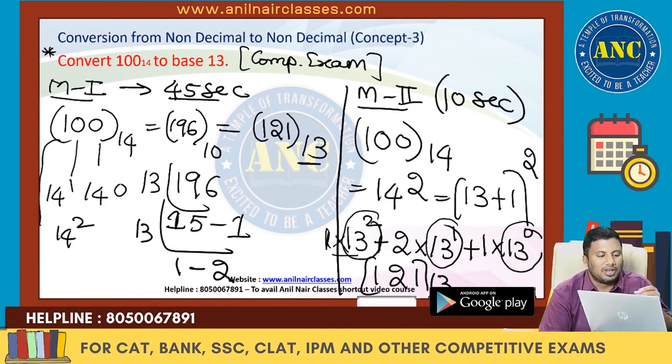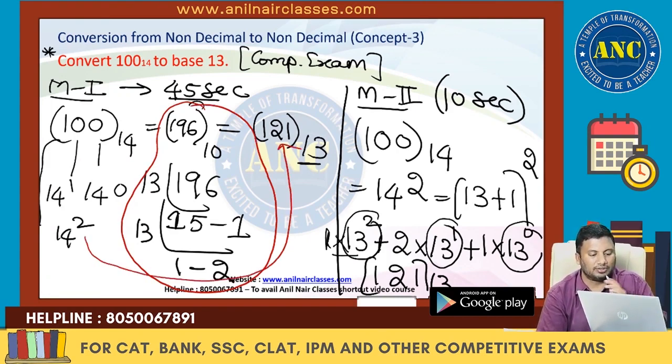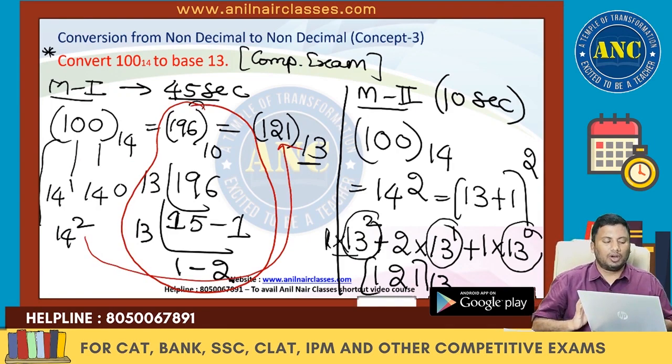You don't need to find out this entire step; it directly translates to this value. Are you all with me? That's how you save a lot of time by understanding the root cause behind the problem. Method 1, I hope it is clear.